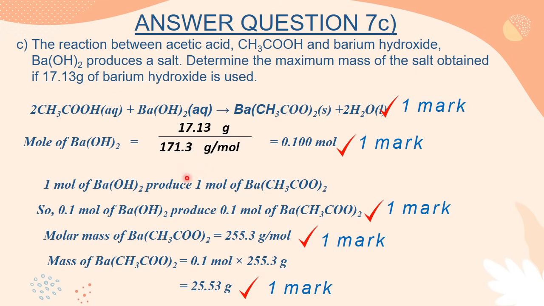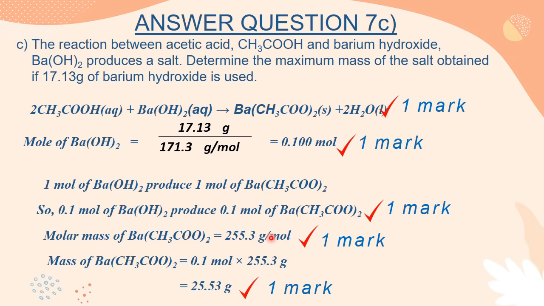From the equation we can see 1 mole of barium hydroxide will produce 1 mole of barium acetate. So if you have 0.1 mole of barium hydroxide, it will produce 0.1 mole of barium acetate.